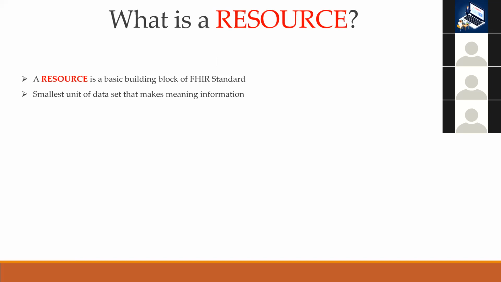When the patient data is being saved to the EHR, you'll have allergies data, medication data, vitals data, order data, results data, and discharge summary data. So every data module or data set that is there in the EHR should also have a corresponding resource in FHIR.